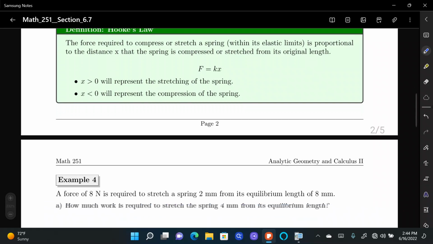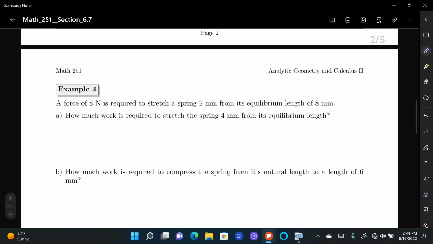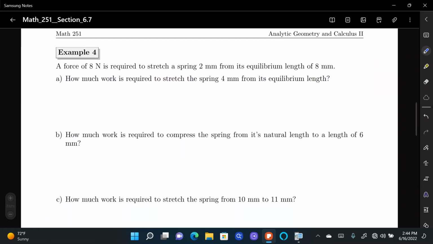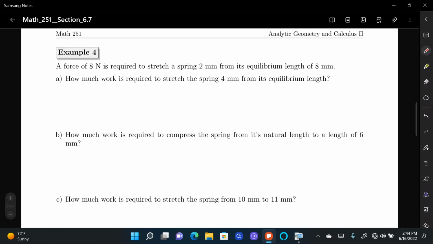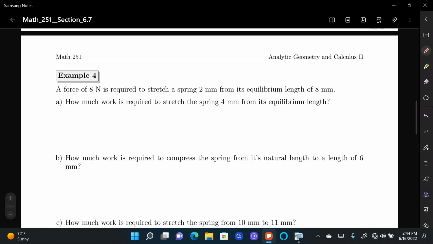All right, let's have a look at this one example. So we have a force of 8 newtons that is required to stretch a spring 2 millimeters from its equilibrium length. Well, this is also known as the relaxed state.